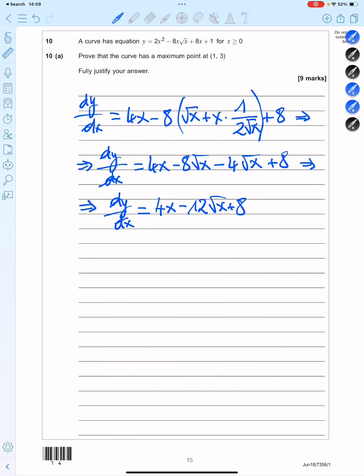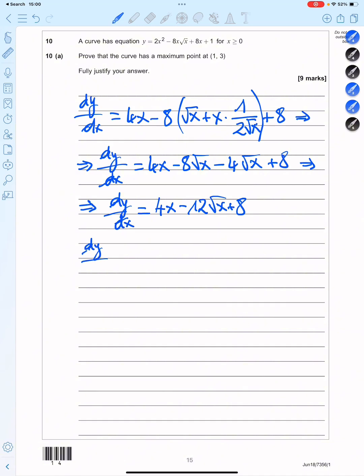Now to find critical points, I need to put my first derivative equal to 0, right? Now I'm going to do another thing. Since we want to prove where the curve has a maximum point, and we know that the curve would have a maximum point where the first derivative changes sign, instead of putting my dy/dx equals 0, I'm going to put it greater than or equal to 0.